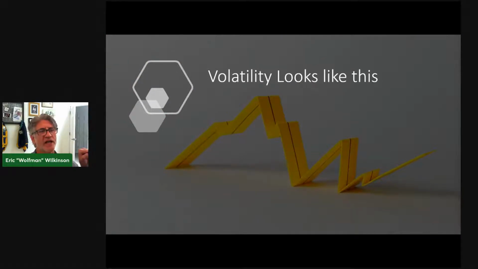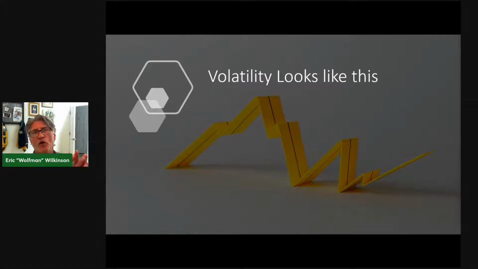Because volatility looks like this chart. Volatility for a specific underlying has a tendency to trade sideways. It's a sideways trending market. And the reason is that every individual underlying has its own implied volatility or volatility coefficient.